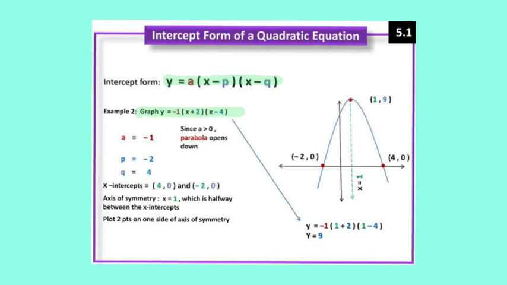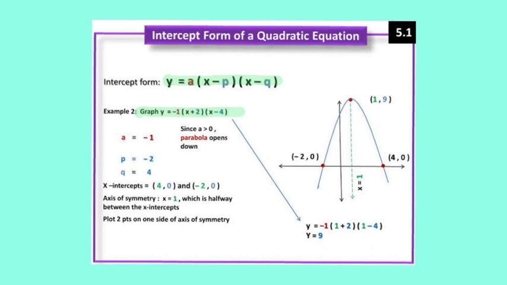The minus 1 tells us that the graph of this function is upside down, so it looks like an upside down U. The x-intercepts are at p equals minus 2 and q equals 4. So the x-intercepts are minus 2, 0 and 4, 0.